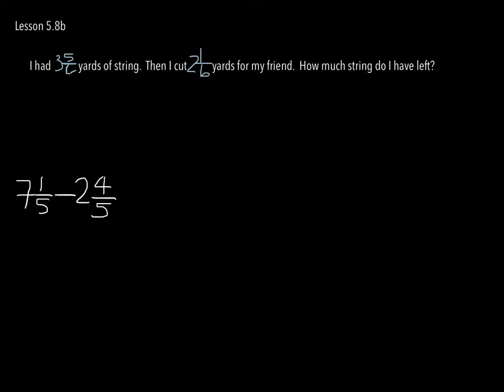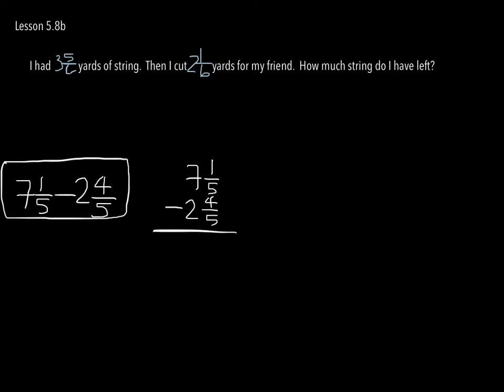Now, one of the things that I like doing right away when I get a problem like this is writing it vertically. Okay, so I have 7 and 1/5 less 2 and 4/5. Now this is a little bit easier for my eyes to look at. And then when I'm ready, I can subtract my fractions, and then I can subtract my whole numbers.